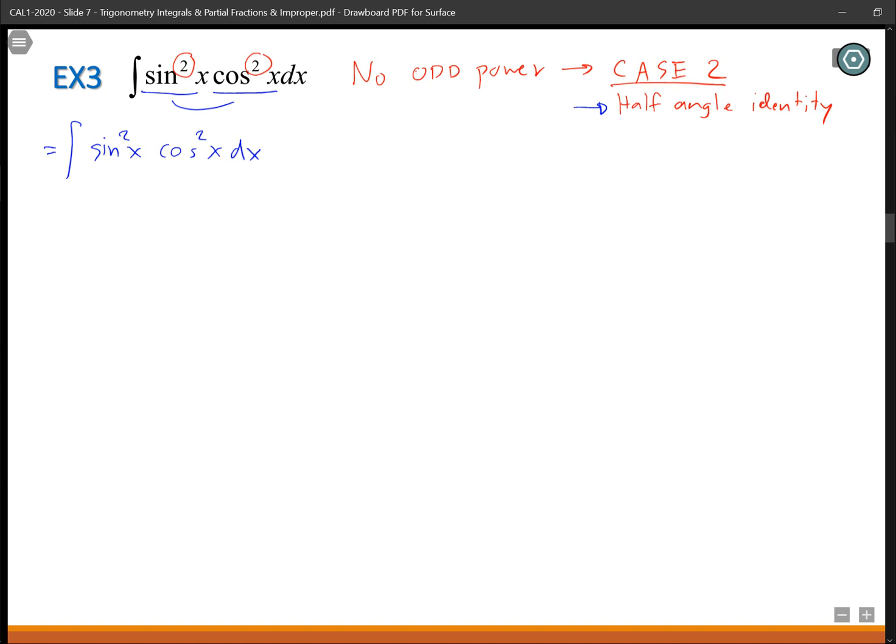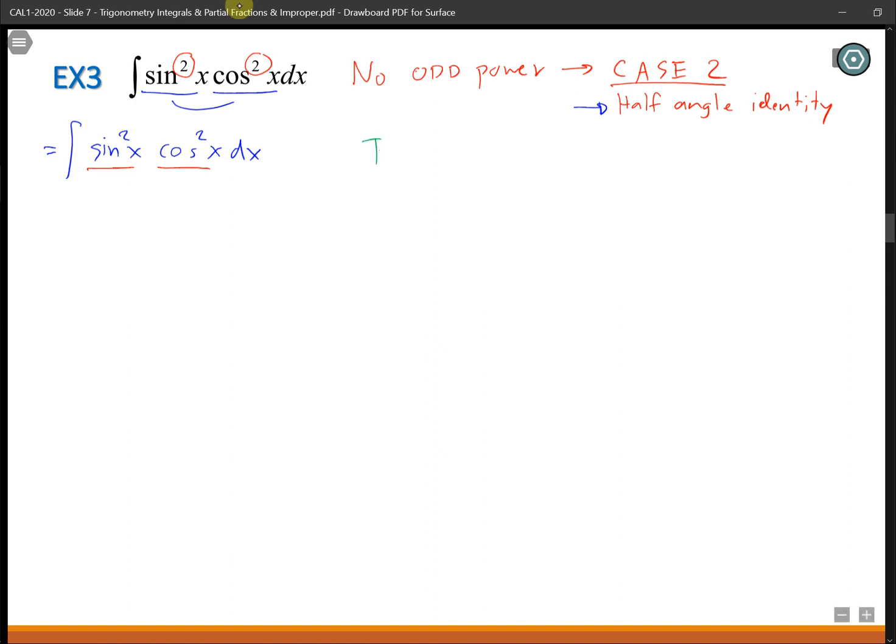But before we do that, let's take a look here. We have two trigonometry functions in our integral, and you know when we have two of them, it's kind of hard to handle. It's going to be better if we can get rid of one of the functions here, make all of them sine or make all of them cosine. So in this case, I'm going to start by doing the transformation. All right.